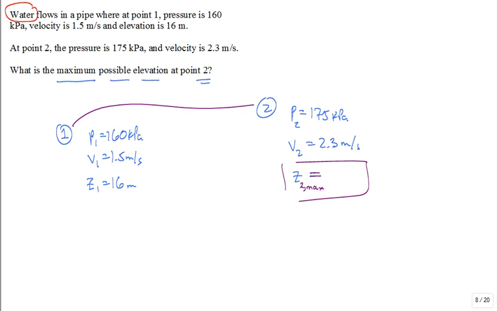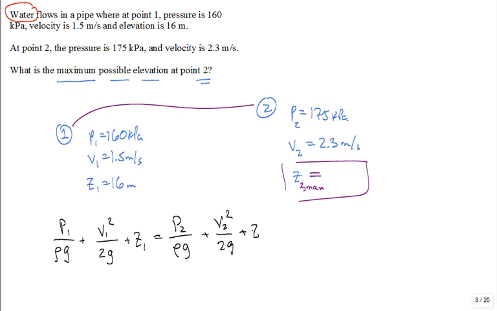So we would say that P1 divided by rho g plus the velocity v1 squared divided by 2g plus z1 is equal to, keep it in the same form, P2 divided by rho g plus v2 squared divided by 2g plus z2. Did I do that correctly? And so we find that z2 is equal to z1 plus (P1 minus P2) divided by rho g plus (v1 squared minus v2 squared) divided by 2g.